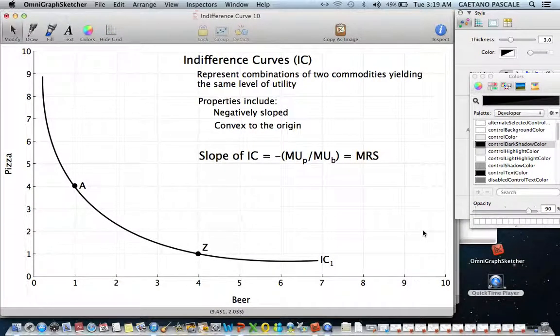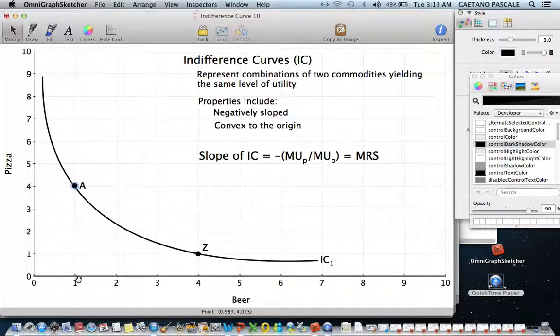Now we shift over to indifference curves. Make sure you remember the number one thing about an indifference curve: any point on the same indifference curve yields the same level of utility. For example, point A represents 4 pizzas and a beer.